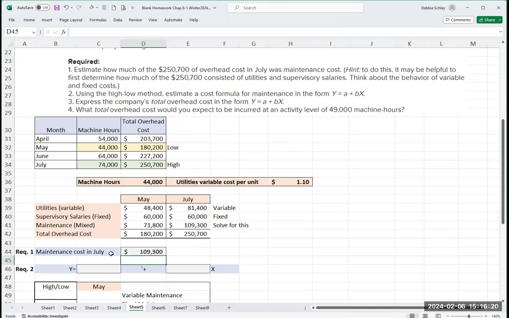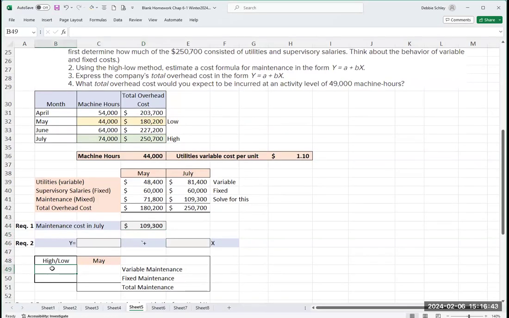Required two. They want to know, using the high-low method, estimate a cost formula for maintenance in the form of y equals a plus bx. So for the high-low method, I take my high cost minus my low.